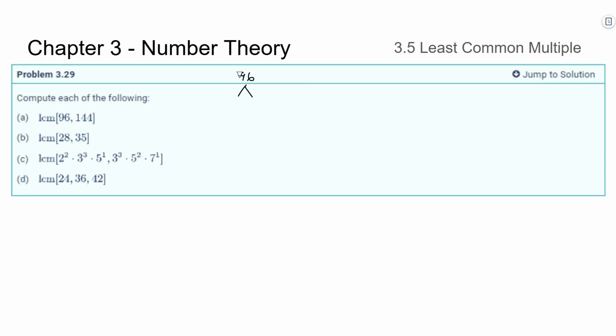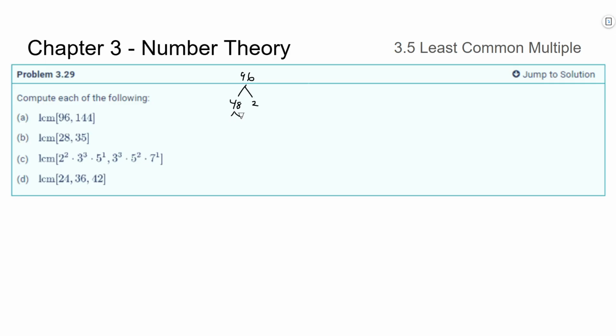let's see, 96 would be, so 45 times 2 would be 90. So 45, 46, 47, 48 times 2 would be 96. Let's see.